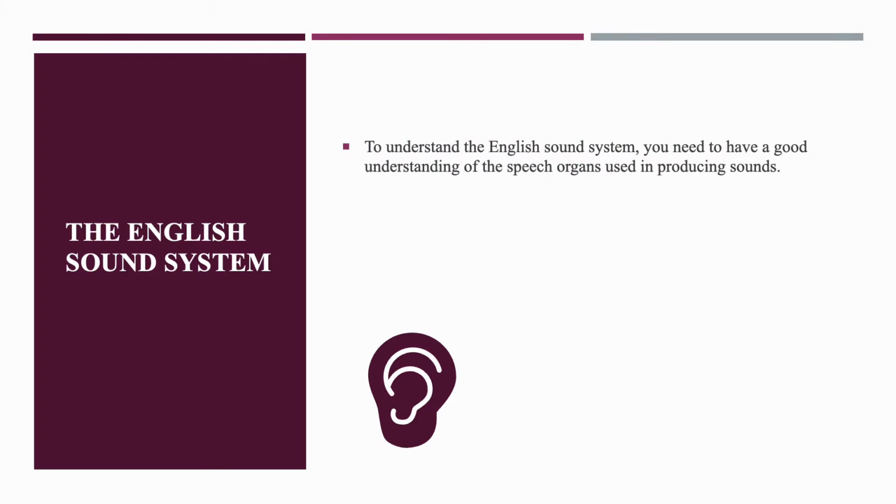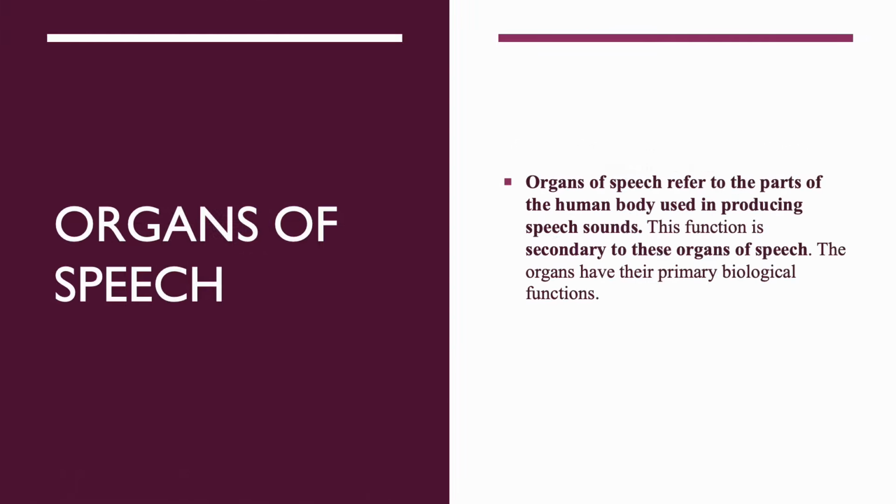Now, the English sound system. To understand the English sound system, you need to have a good understanding of the speech organs used in producing sounds. What are organs of speech? Organs of speech refer to the parts of the human body used in producing speech sounds.